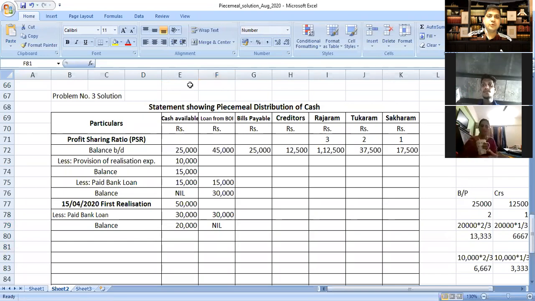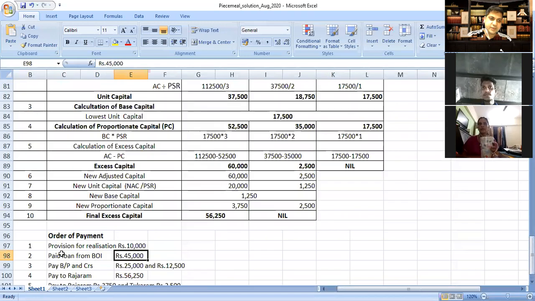I hope you understood: the first payment 10,000 rupees realization expenses, the second payment 15,000 plus 30,000, 45,000 also paid. There is no liability of the bank loan. Now in our order of payment, the first and second order is over.